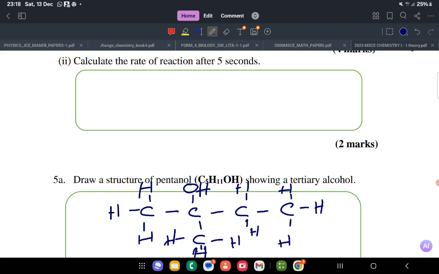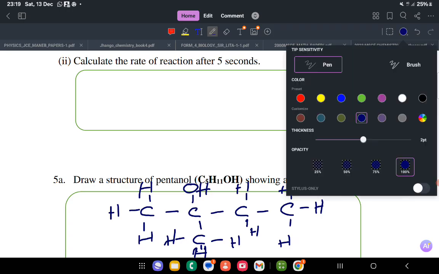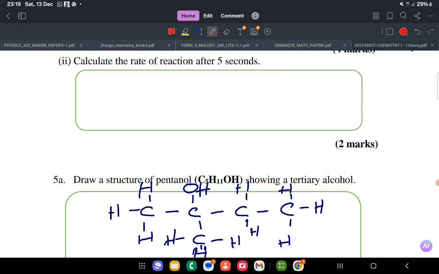So check that the number of carbon atoms and the number of hydrogen atoms is consistent with our formula here. Take note, so for carbon atoms, we have 1, 2, 3, 4, and 5. We are safe.